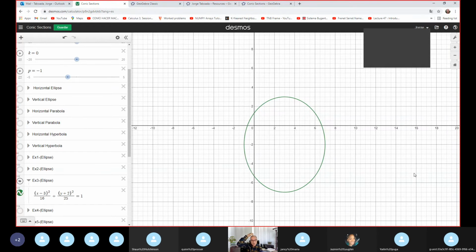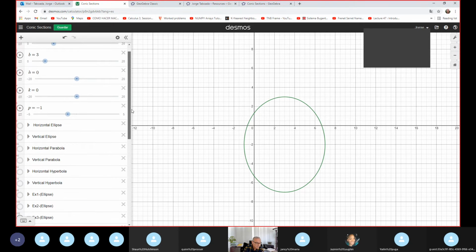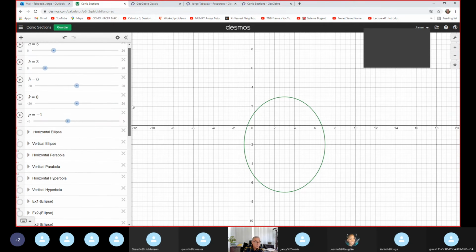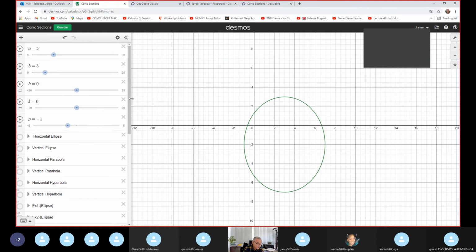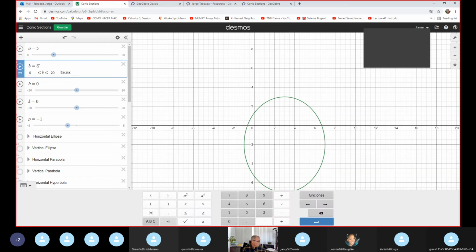You see that it is a little bit flat, but a vertical ellipse. I discovered that a is 5. Okay. b is 4. I changed that. b is 4. h is 3.